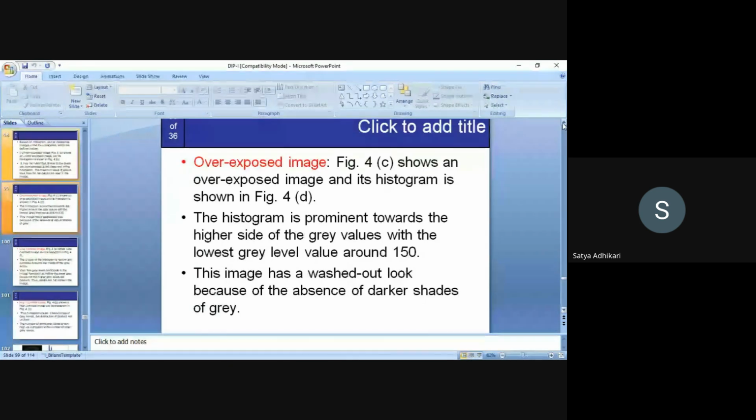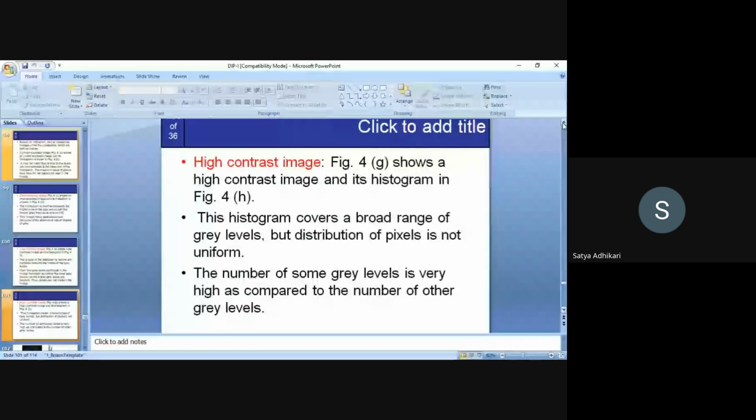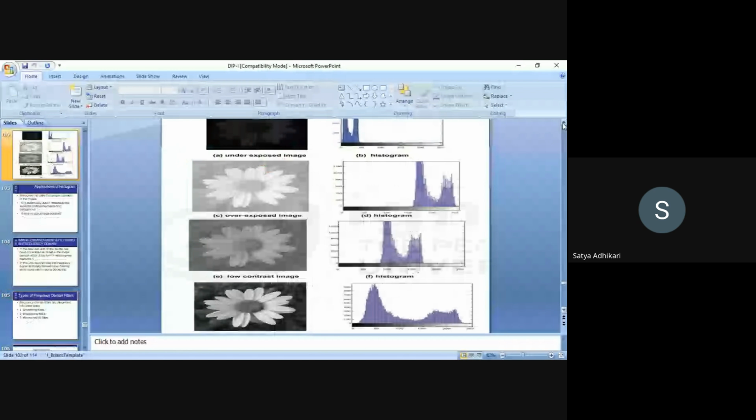Let us come to the images, you see C and D. See the overexposed.